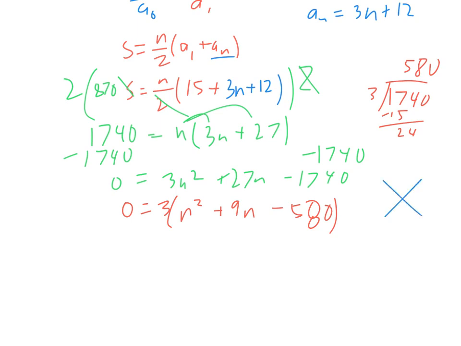So I'm going to think of two numbers that multiply to negative 580 and add to positive 9. So if I think about what multiplies to make 580, I got 10 and 58, so that's not going to work. I can do 20 and then half of that, which would be 29. So that is going to work if I do a positive 29 and a negative 20.